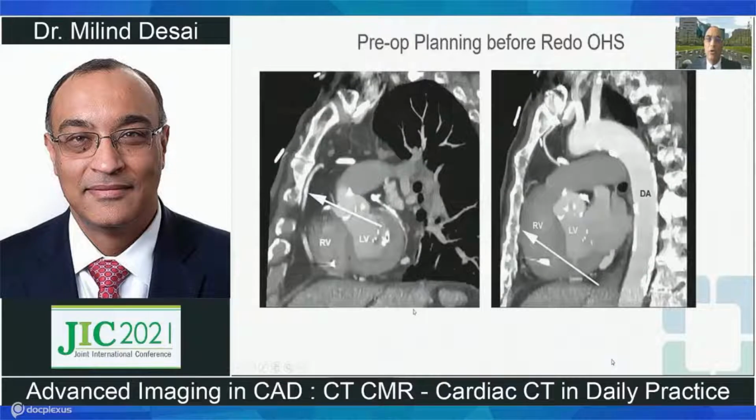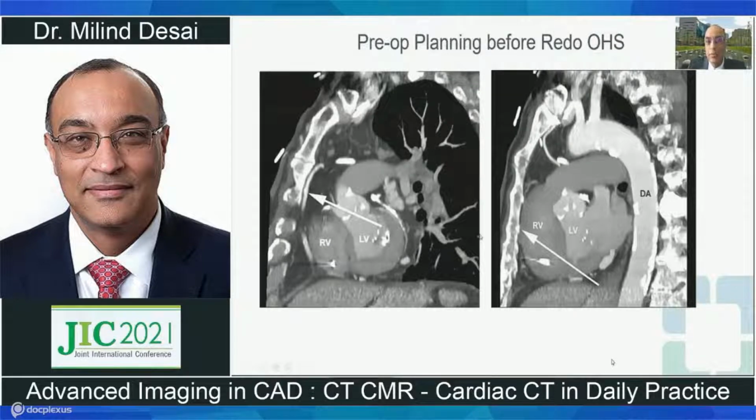Preoperative planning prior to cardiac reoperation: for standard sternotomy-based operations, especially reoperations, CT plays a huge role in locating the grafts, not only from a patency perspective, but also where the grafts are traversing. The last thing you want to do during an operation is injure a graft during sternal re-entry.